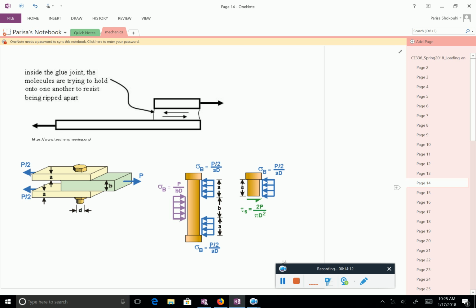The pin is experiencing pressure, but if you look at any of these horizontal planes here, what you have is shear. So you are shearing the pin at this cross section. So here is the pin, you're shearing it like this. And why? Because to counteract these compressive forces, you need to have shear force applied.